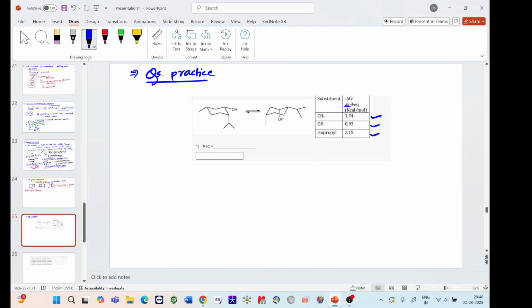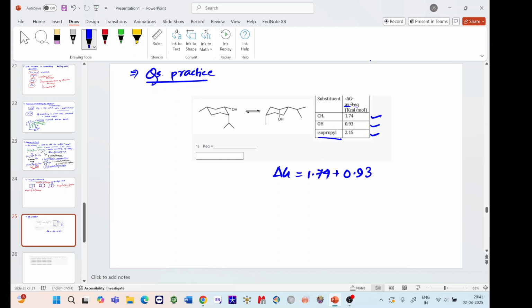You can see when going from axial to equatorial, the values are changing. Now you need to consider whether it is going from axial to equatorial or equatorial to axial. For CH3, it is going from axial to equatorial. That means it is adding. So delta G will be 1.74. It will be positive because it is going to the axial position. OH is also going from equatorial to axial, so it will be positive.